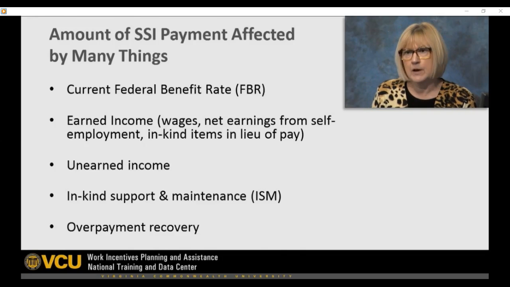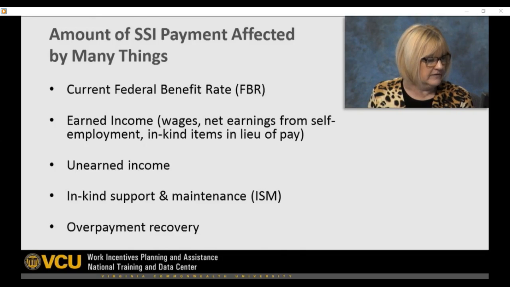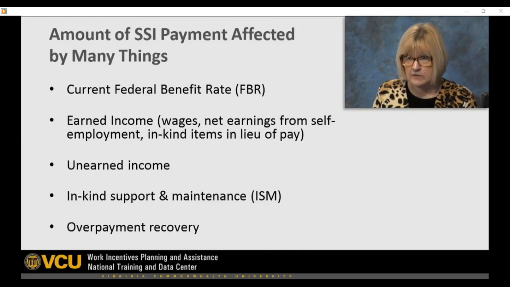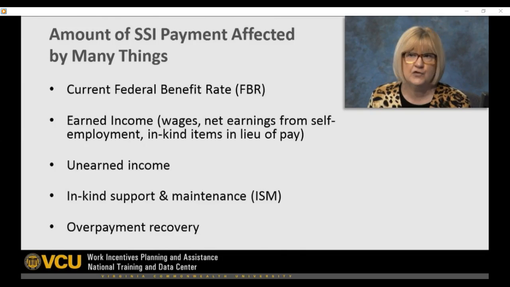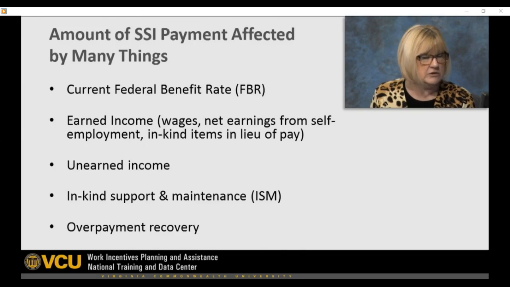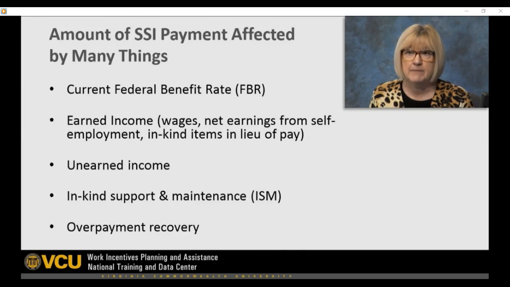Now there's a very interesting group of regulations in SSI law or policy that's referred to as in-kind support and maintenance. And it's complicated, but basically, remember that SSI is intended to pay for the basic cost of food and shelter, right? So if someone else is helping you pay for food and shelter, that is called in-kind support and maintenance.